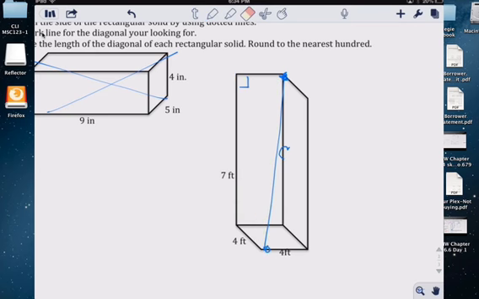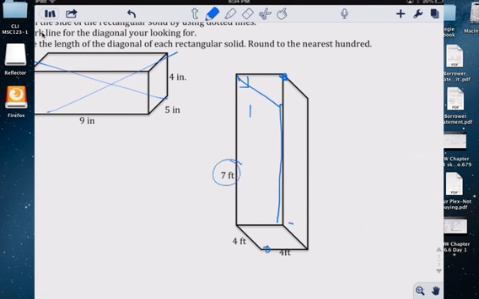I'm going to erase everything because we want this right here. So we start at the bottom of the box. Okay, that's the bottom of the box.